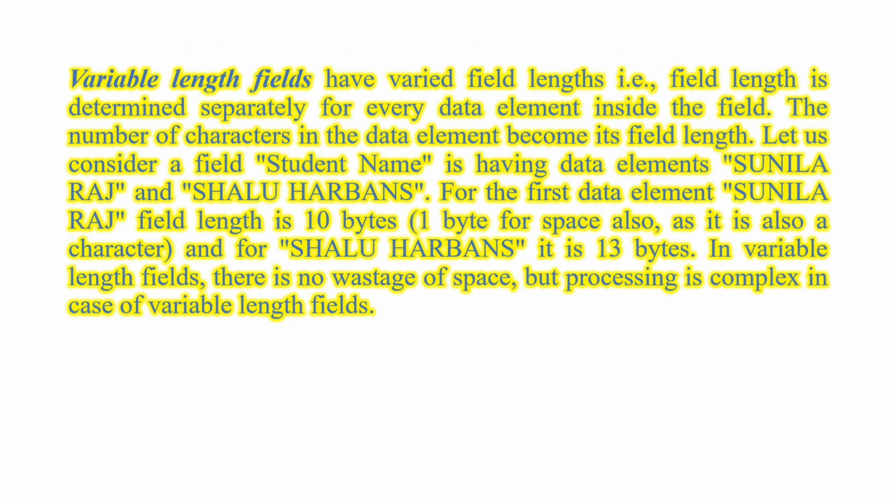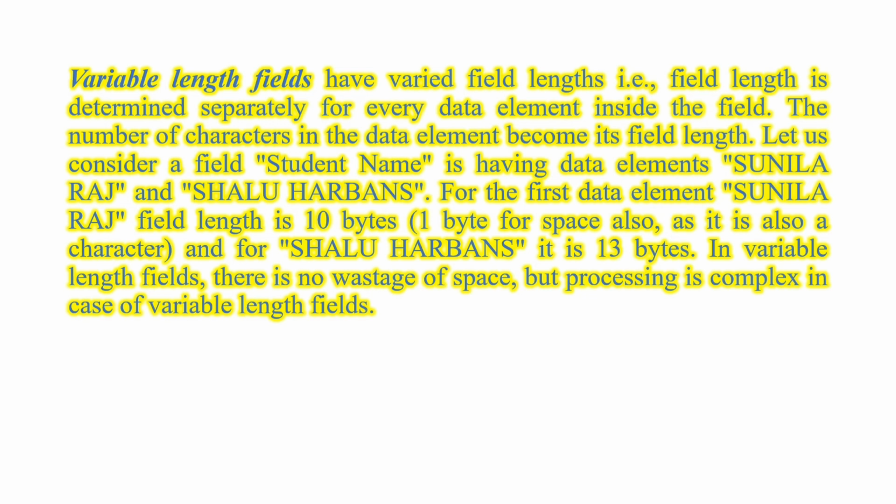Variable length fields have varied field length, that is, field length is determined separately for every data element inside the field. The number of characters in the data element becomes its field length. Let us consider a field student name having data elements Sunila Raj, Shalu Harbans.